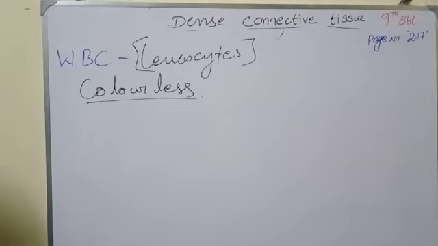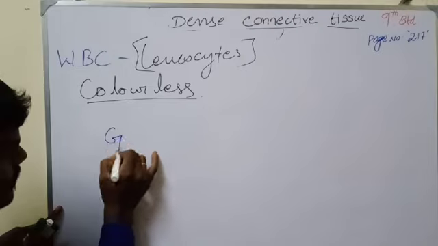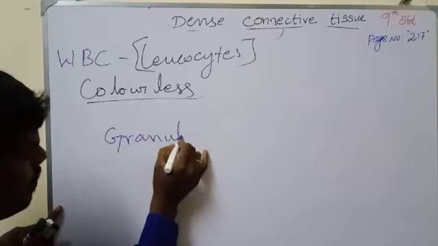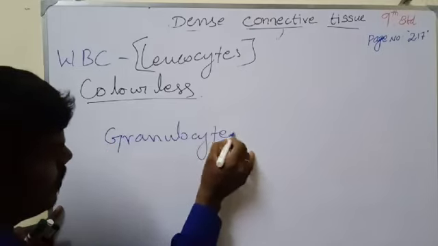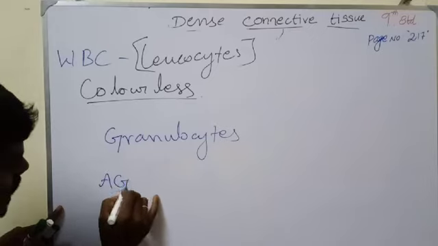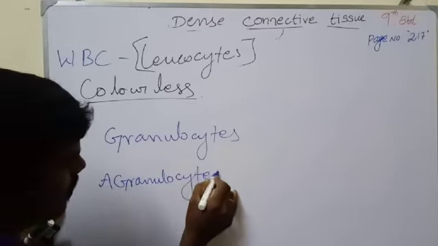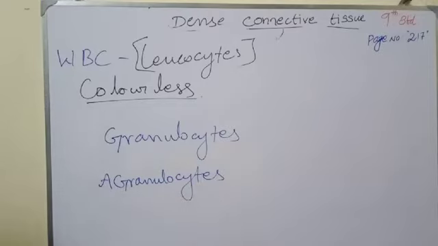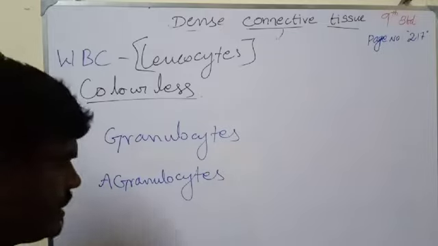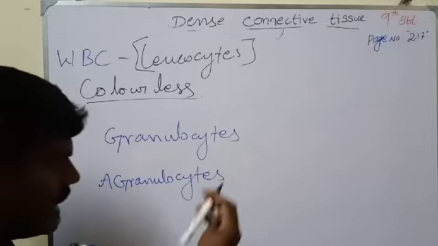What are the granulocytes? The first one, granulocytes. And the second one, agranulocytes. See, granulocytes means what? Having irregular shape, with nuclei and cytoplasm present.